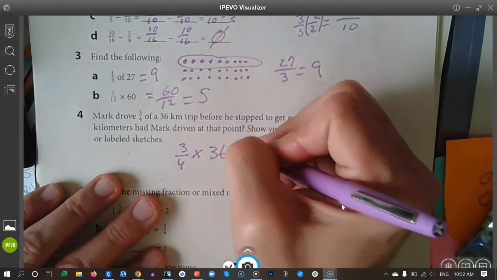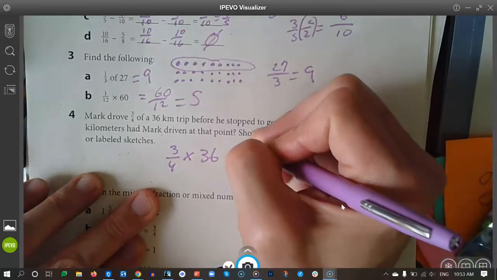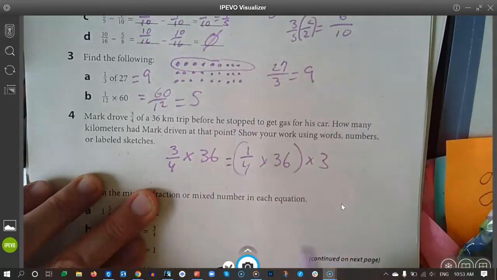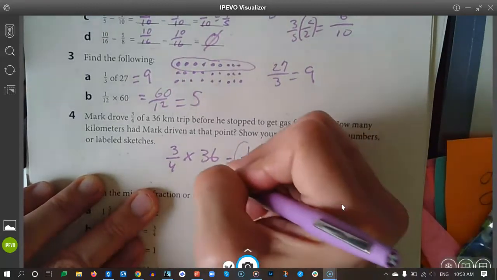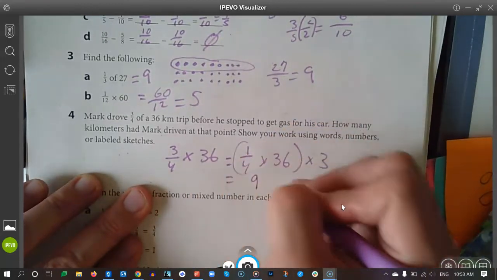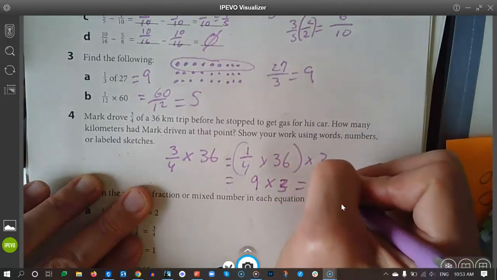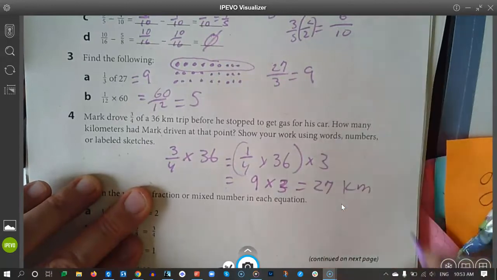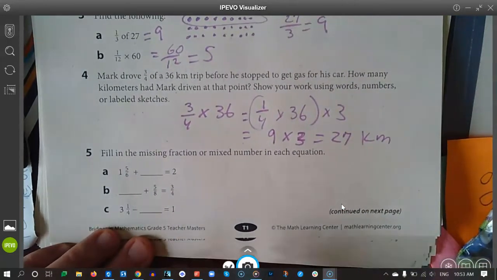So this can be 1/4 of 36, and we can do that 3 times. So again, 3/4, that's 3 1/4. So if I know 1/4 of 36 is 9, and then I multiply that by 3, that's going to get me 27 kilometers. Cool.